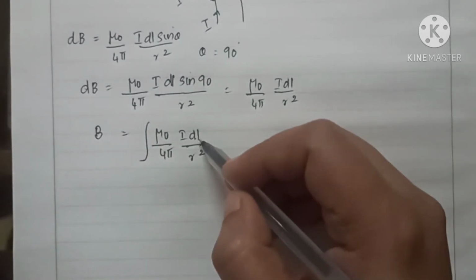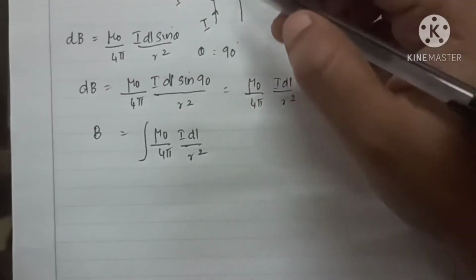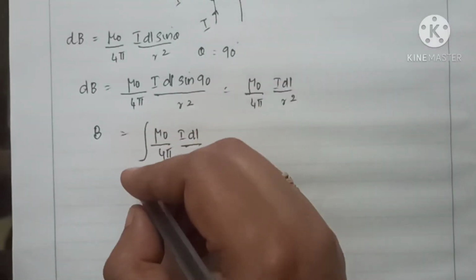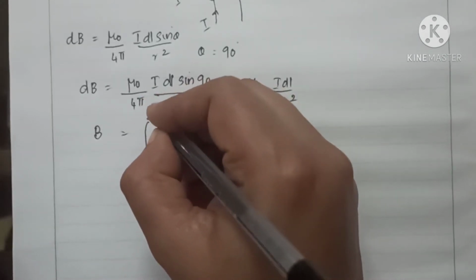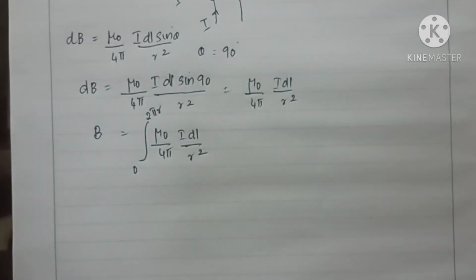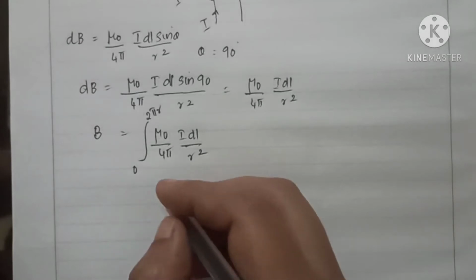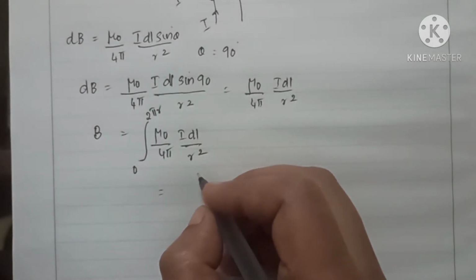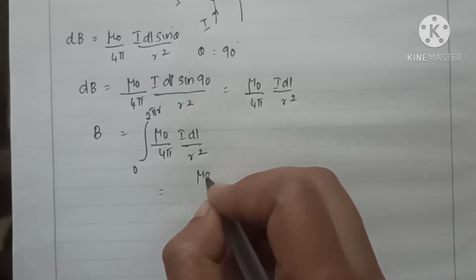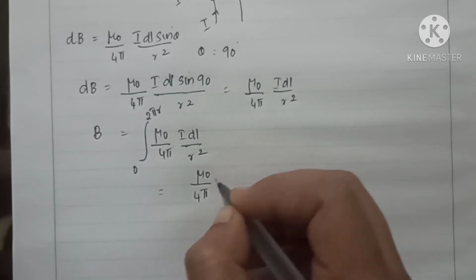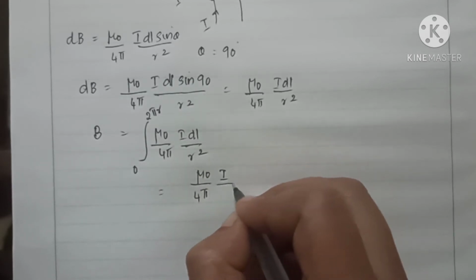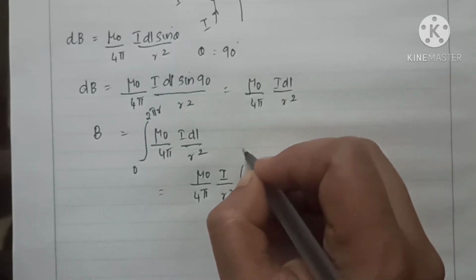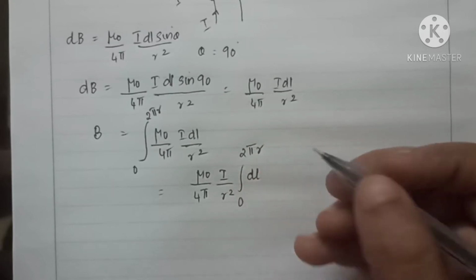Since L is the changing quantity, the limits are the circumference, which is 0 to 2 pi r. Constants I can take outside. Therefore, mu 0 by 4 pi I by r squared, integral of dl from 0 to 2 pi r.